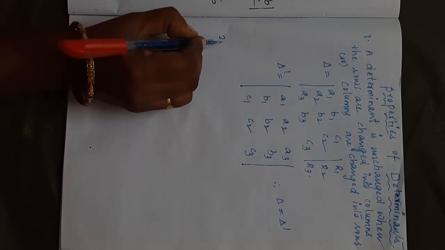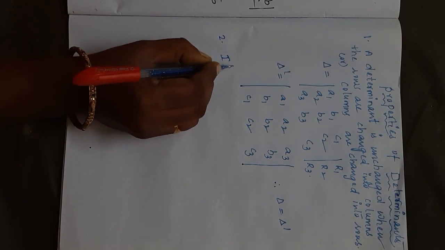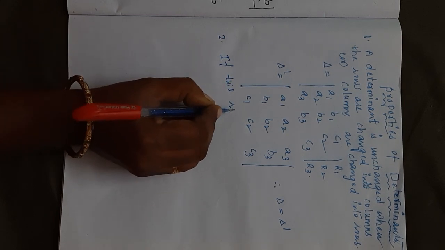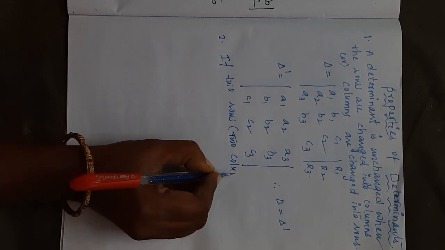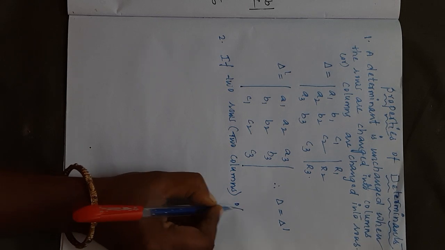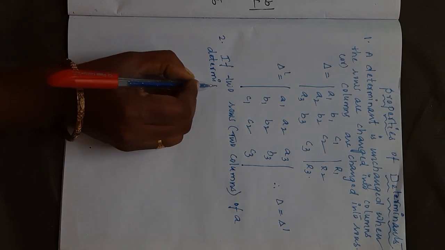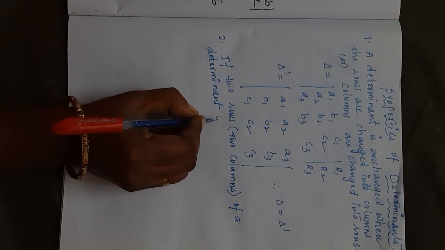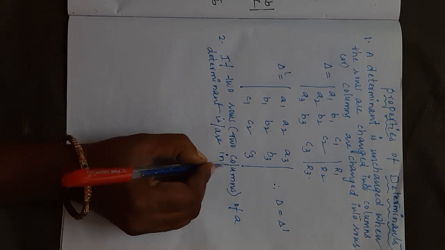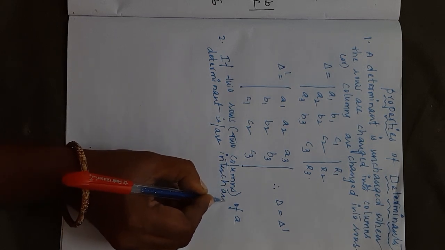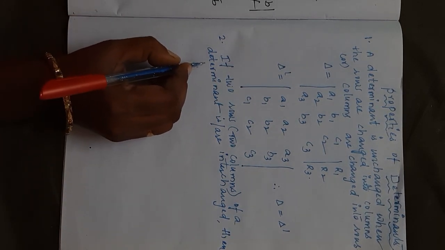Now our second property is: if two rows or two columns of a determinant are interchanged, then the sign of the determinant is changed.